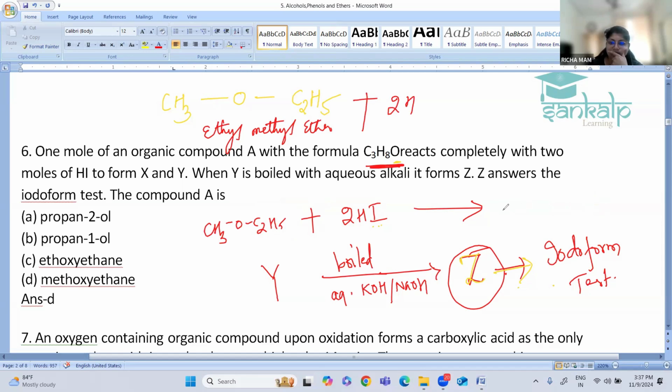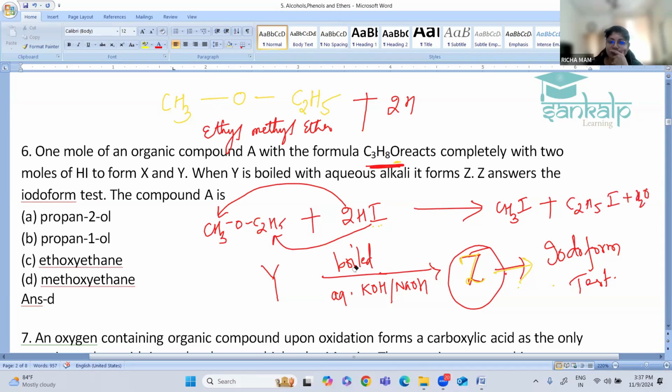One will be CH3I. Another will be, because two moles are there, one mole will react with this, another mole will react with this. So you are going to get ethyl iodide and methyl iodide plus water.